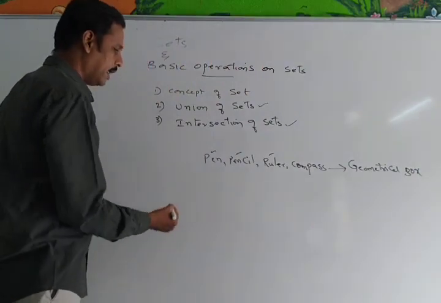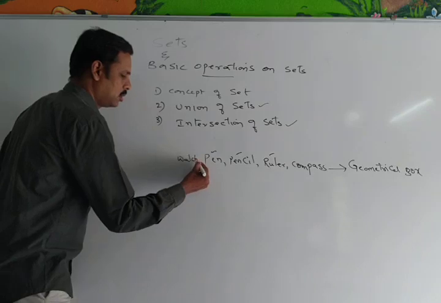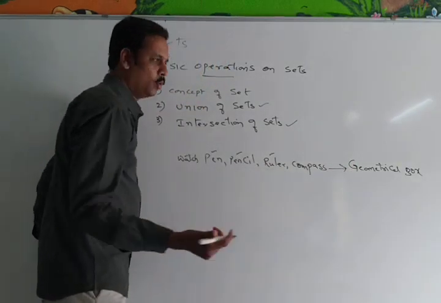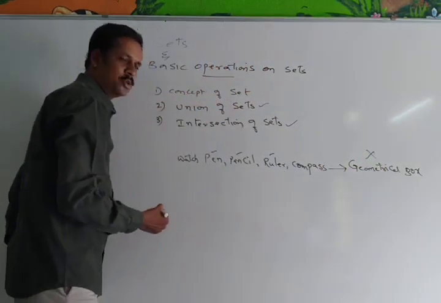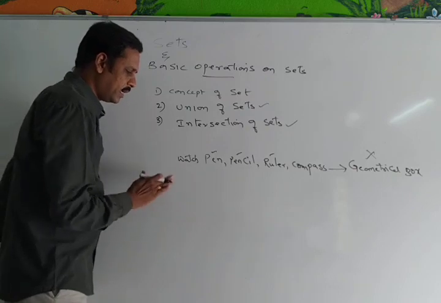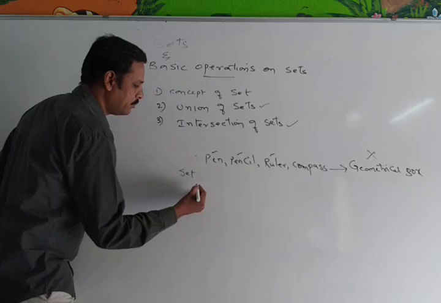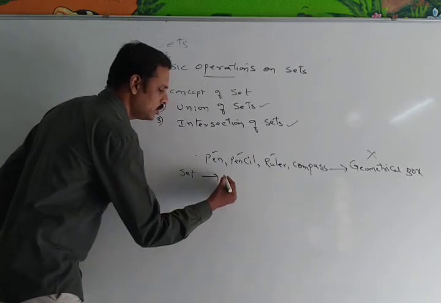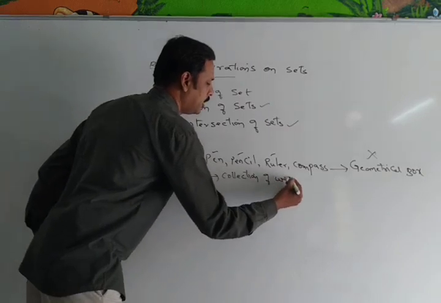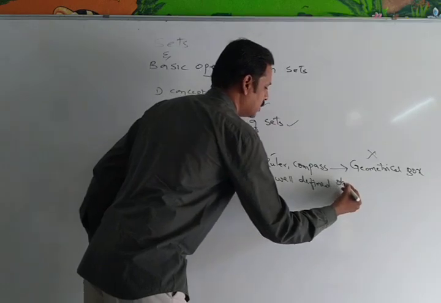Now, if I add one thing, that is a watch. Now, can you say these are the instruments in a geometrical box? No, this is not an instrument of a geometrical box. So clearly we can understand that a set can be defined as a collection of well-defined objects.